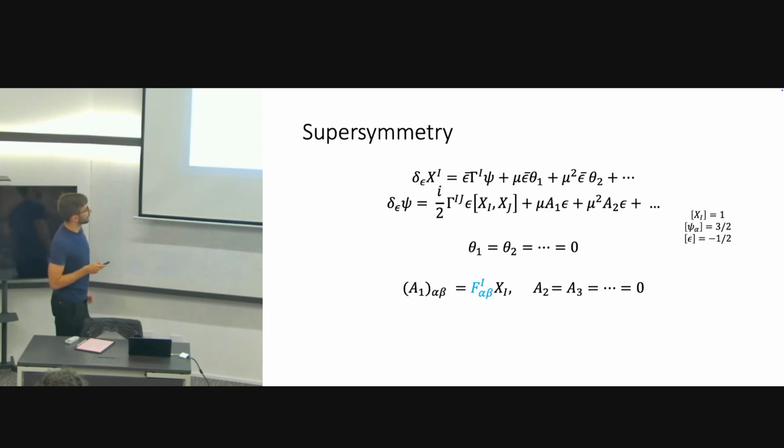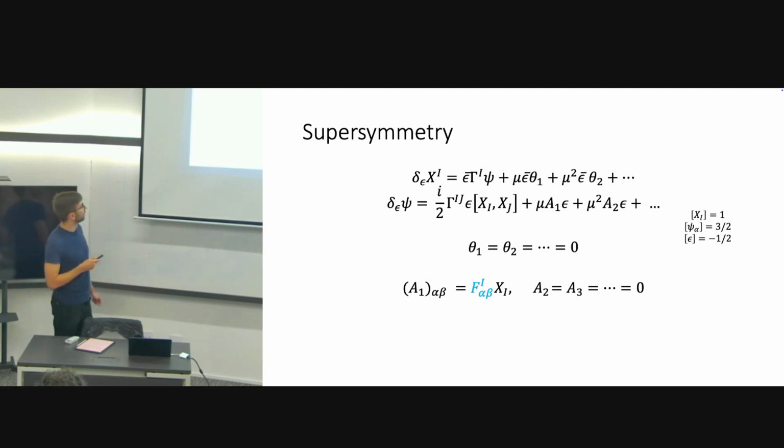If I do some dimensional analysis, I will see that in my units, these thetas all have to vanish because I have no way of constructing something that has dimension half here. That's basically the dimensional analysis. Now, this A1 is the only parameter that can be non-zero because it has to have dimension 1 and it has to be bosonic.